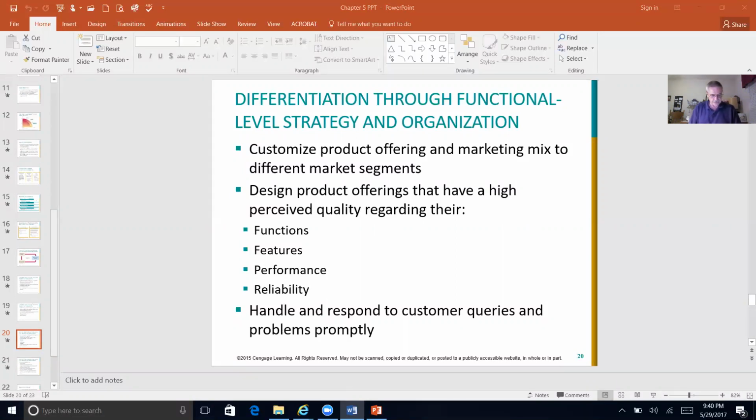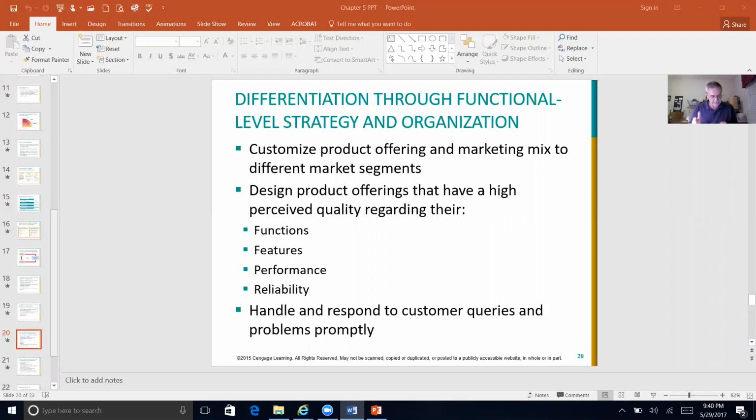Specific functional strategies that can be designed to help improve those include, number 1, customization of the product, offering the marketing mix to different market segments.